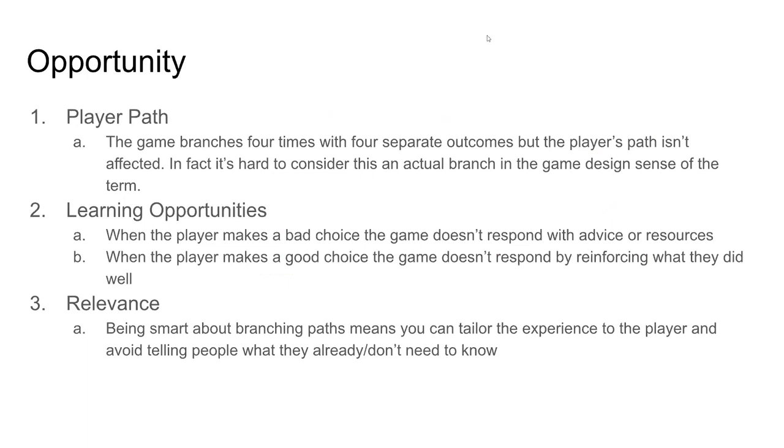And again, learning opportunities: when the player makes a bad choice, the game should respond with advice or resources instead of maybe just letting them know that they didn't select the right answer. And when the player makes a good choice, you want to reinforce what they did well. And then relevance. When you're being smart about these branching paths, you can tailor the experience to that player and engage them at their current level of knowledge.